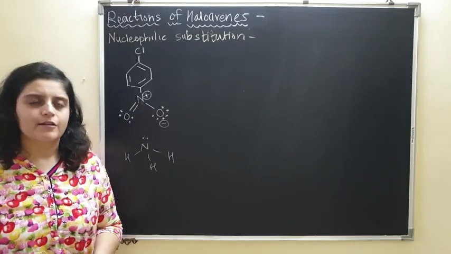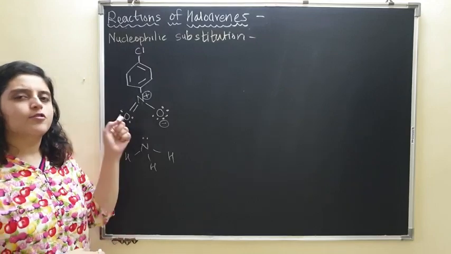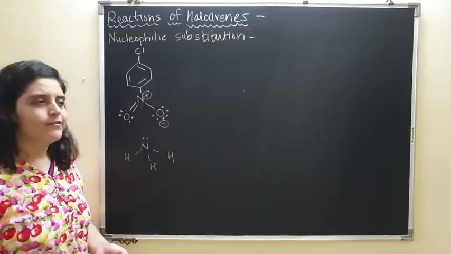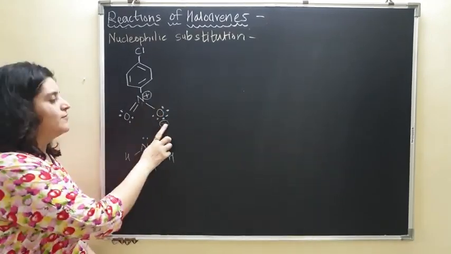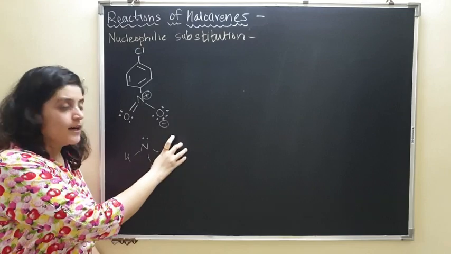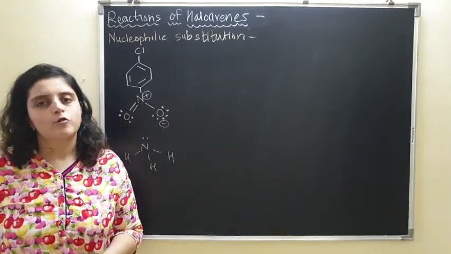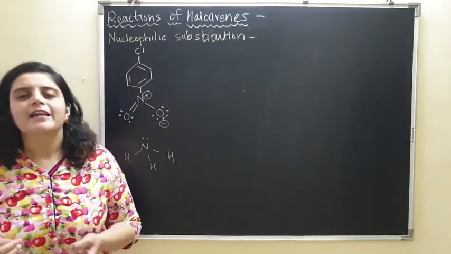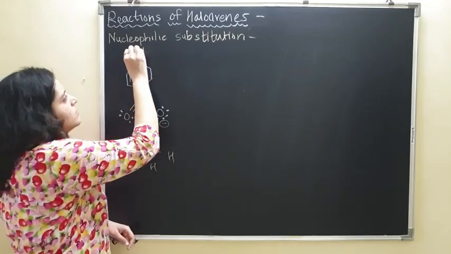Since it has fewer electrons, it will carry a positive charge. So this is what you need to remember: N will have a positive charge, this singly bonded oxygen will have a negative charge, and this doubly bonded oxygen will have no charge. Now this chlorine atom will also have 3 lone pairs of electrons, as we discussed in the previous video.